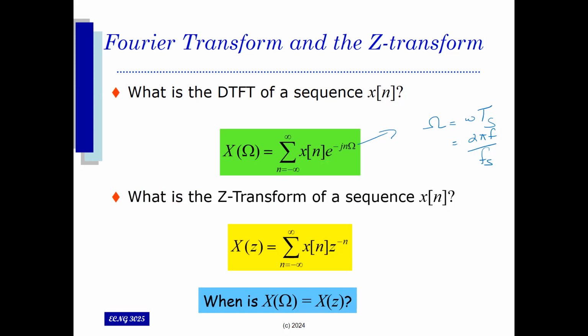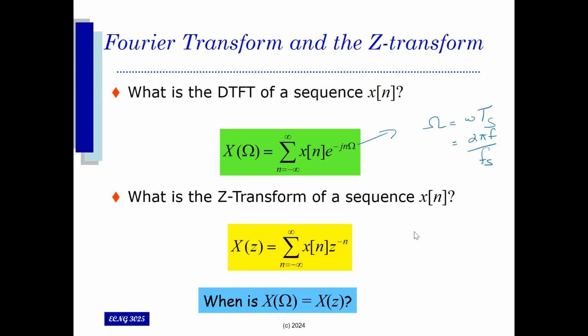If I give you those two equations, the one above in green and the one in yellow, and I ask you what will make X(omega) equal to X(z)? When z is equal to e to the j omega.